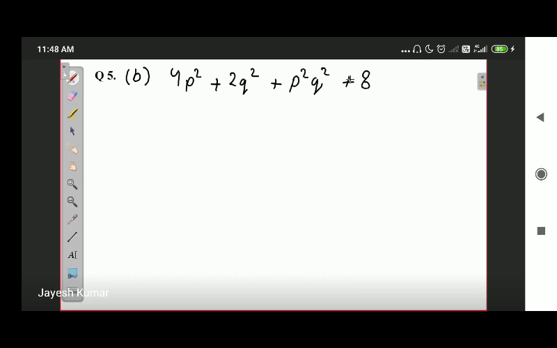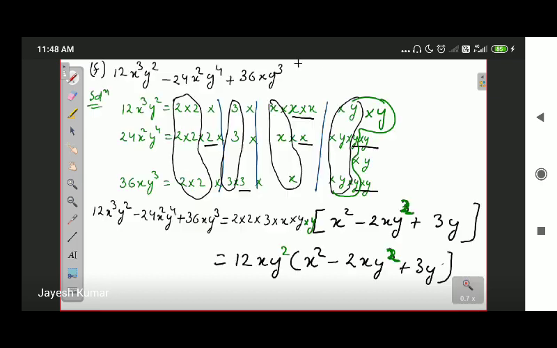Okay, see, question number 5 is significantly different from question number 4. How so? In question number 4, just by looking at the terms, I could identify that there were some common factors. 12, 24, 36 are all even numbers. X was present in all the terms. Y was present in all the terms.